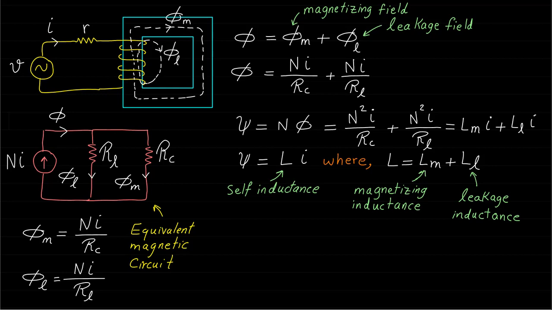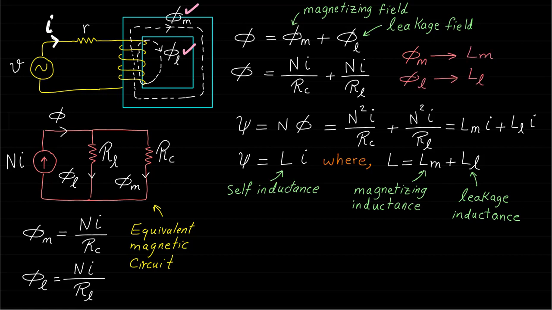One rule you can learn from this derivation is that each magnetic field line that is produced by the current I through the coil will be represented by an inductance in the electrical circuit. As you can see, the current I in this example produced two magnetic field lines, the magnetizing magnetic fields and the leakage magnetic fields. Therefore, these two magnetic fields have been represented by two inductances, the magnetizing inductance and the leakage inductance.